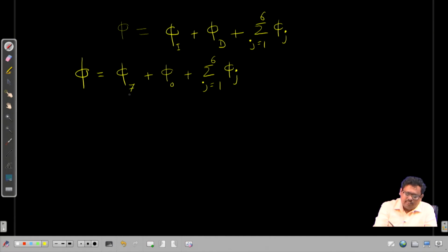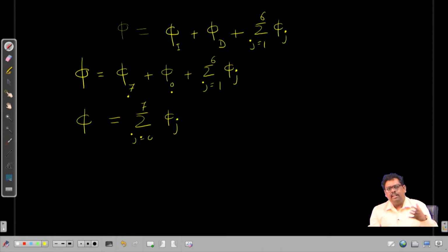Or sometimes we can call this 0, this 7, it does not matter. So, finally, I can write in summation form phi equal to the summation j equal to 0 to 7 of phi j. In that way this is how I can write it in coding. So, instead of I we are writing phi 7, instead of d we are writing phi 0, but that is not the issue. The issue is why I am multiplying this phi with this phi I plus phi d.